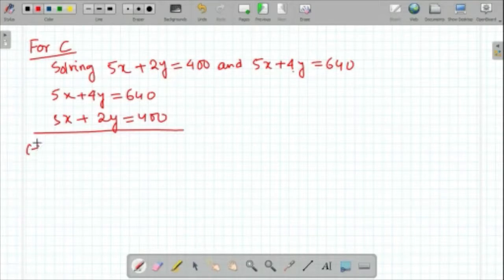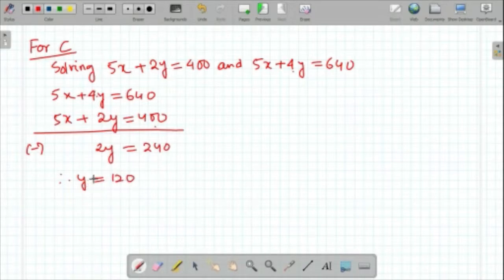Now subtract it, and 5x and 5x will be cancelled. So 4y minus 2y will be 2y. 640 minus 400 will be 240. So what is the value of y? It's 120. So the value of y is 120.